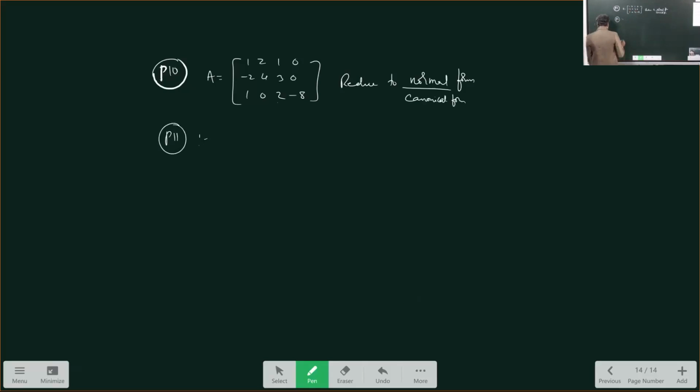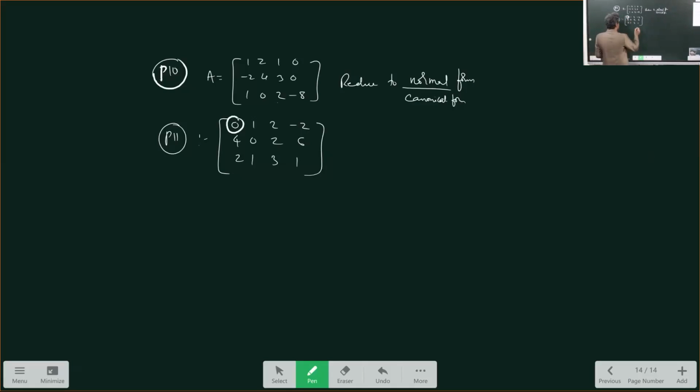So you think of it. My P11 is [0 1 2 -2; 4 0 2 6; 2 1 3 1]. Please note that in this problem, making this zero is not possible, because from 0 I cannot generate anything; 0 into anything is 0.